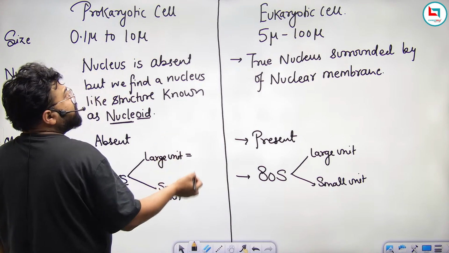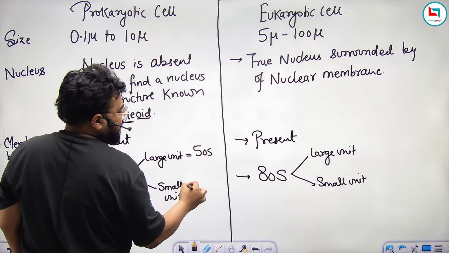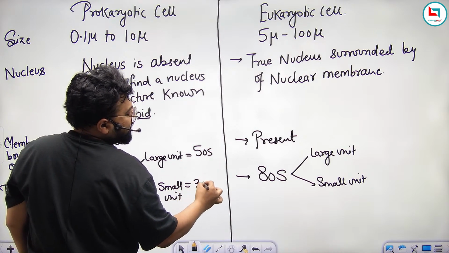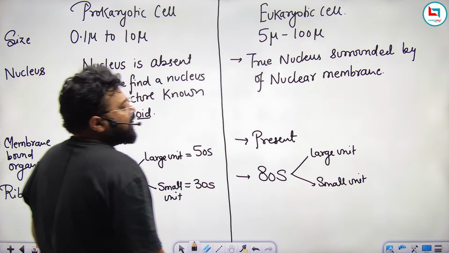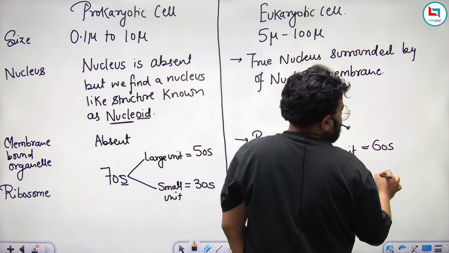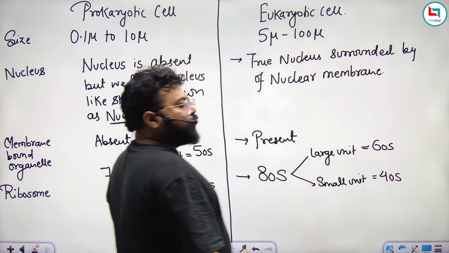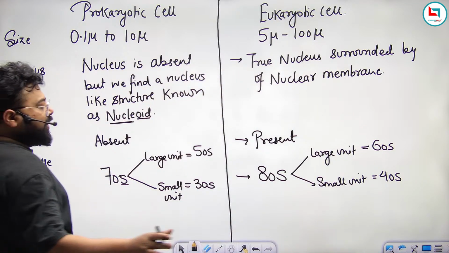So the large unit in prokaryotic cells is 50S, while the smaller unit in prokaryotic cells is 30S, and the larger unit in eukaryotic cells is 60S, while the smaller unit is 40S. Don't get confused and don't use your mathematics.